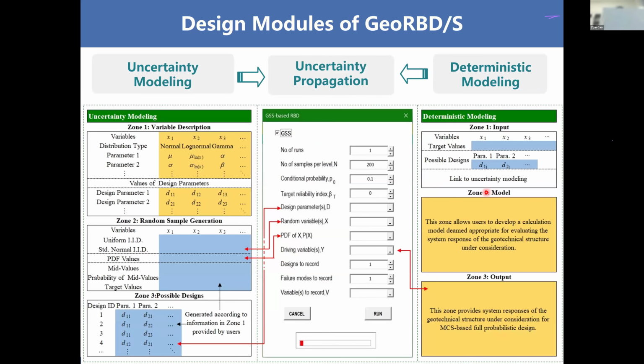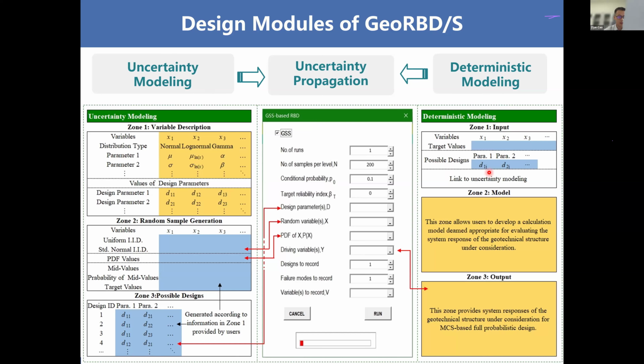With GeoRBDS, the deterministic model is decoupled from uncertainty modeling and propagation. Monte Carlo simulation allows full probabilistic design to be implemented in a non-intrusive manner, so that geotechnical engineers can focus on deterministic modeling, which they are familiar with.